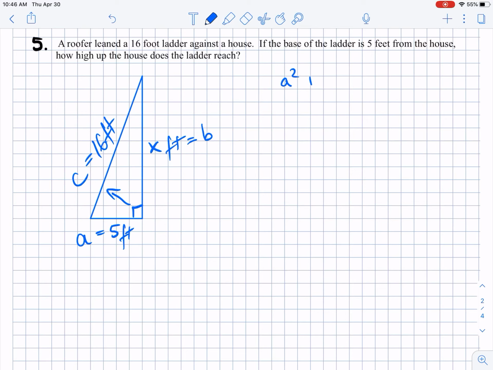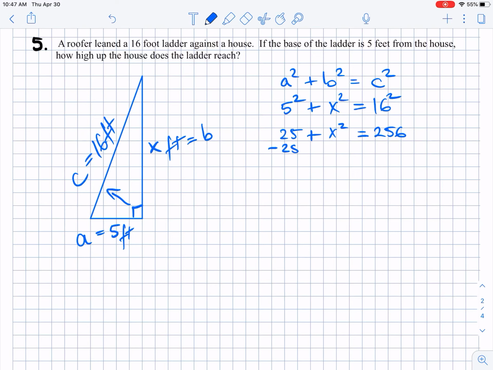So a squared plus b squared equals c squared. A is 5, and then b is x, which equals 16 squared. So 5 squared is 25, plus x squared, is equal to 16 squared, which is 256.